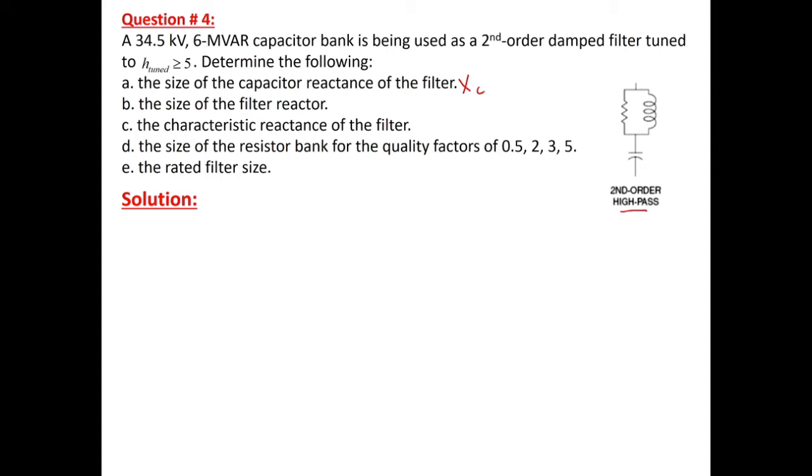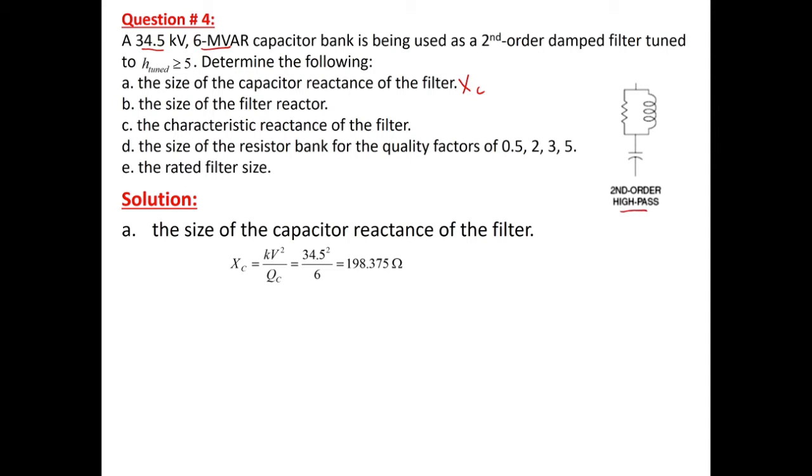This is 3-phase. So we know the voltage, we know Q, then we can find XC, straightforward. So V square divided by QC will give us the size of the reactance of the capacitor. Determine the size of the reactor.